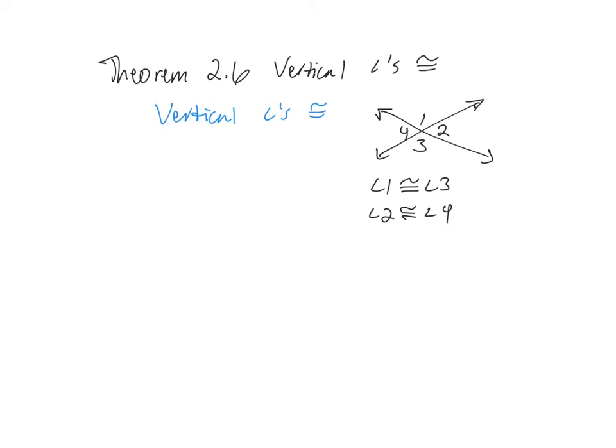So if I was going to, and I'm just going to very loosely write this out, using this picture, I could say that angle 1 and angle 2 are a linear pair.